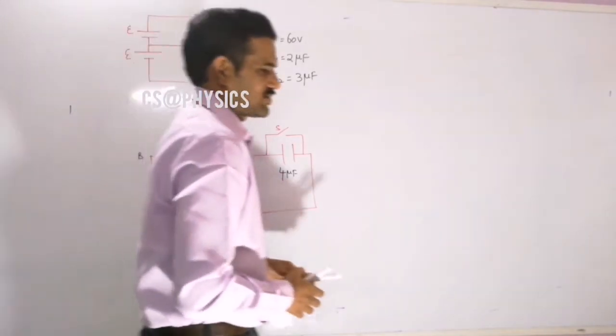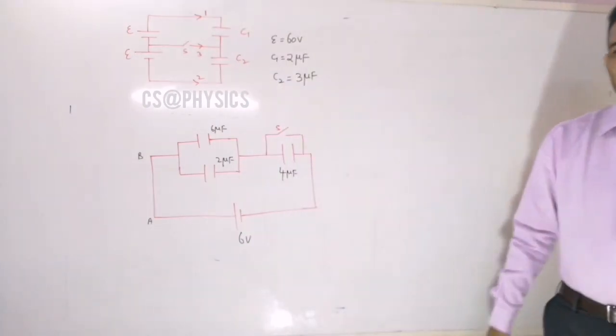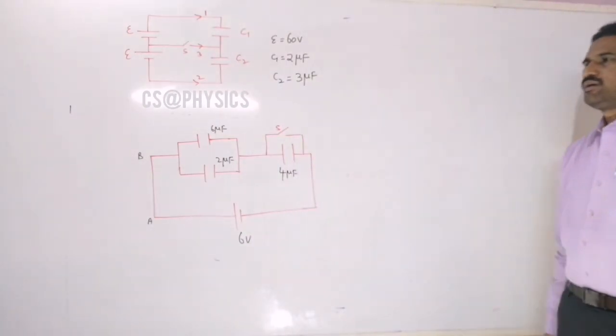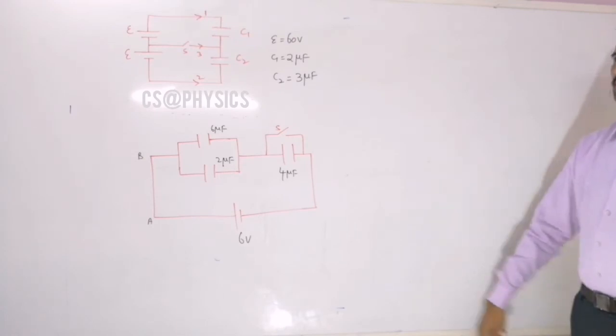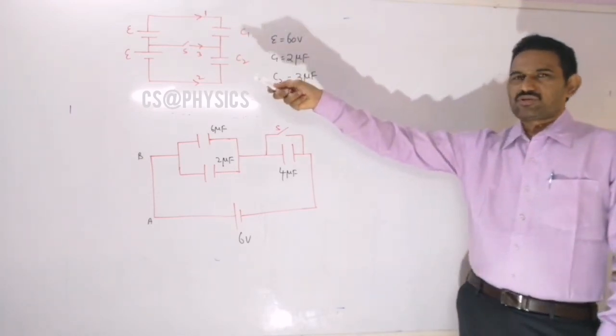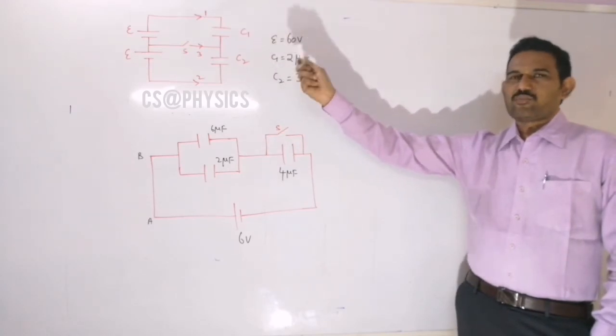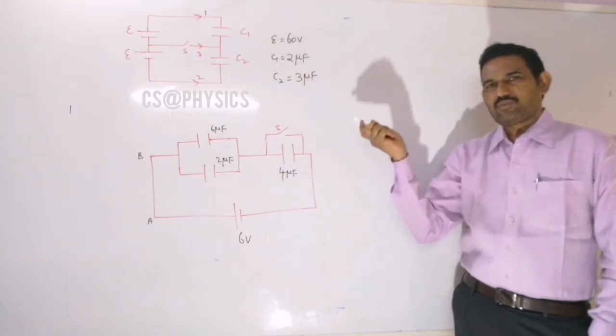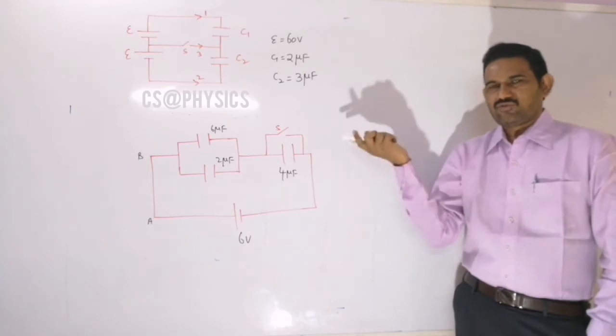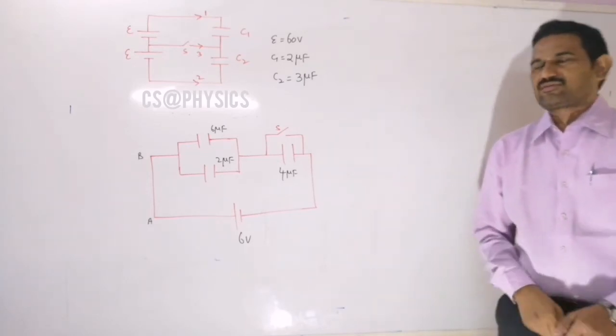So now write that question. In the circuit shown in figure, as the numericals are given, calculate initial and final charges. From that you can easily say how much charge is flowing along path 1, path 2 and path 3. Once numericals are there, the problem will be easy for us.